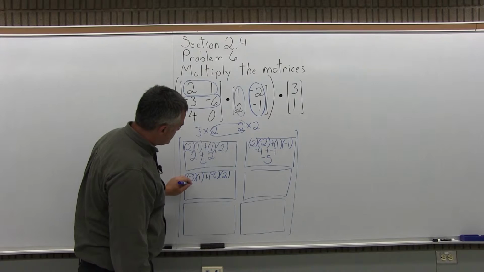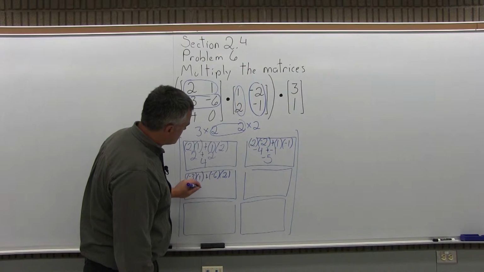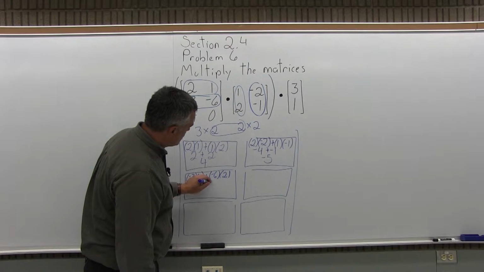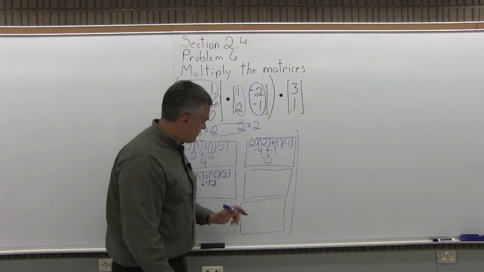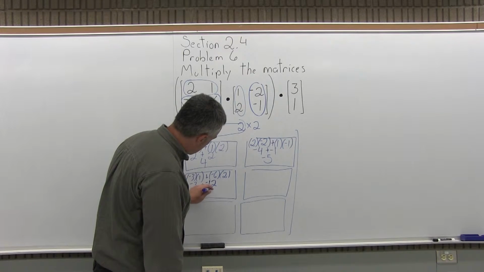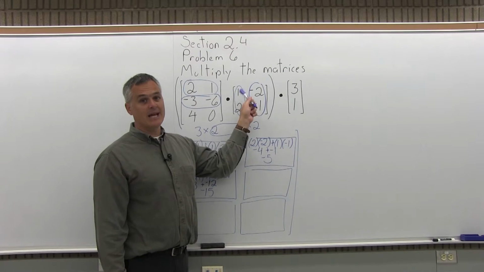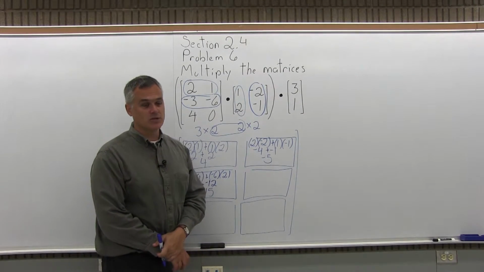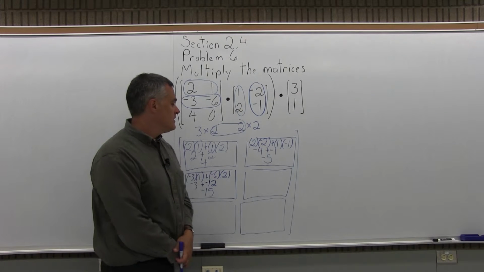So first times first, -3 times 1 is -3. And then second times second, -6 times 2 is -12. And when you add those, -3 plus -12, you get -15. And again, I multiplied the middle row of the first matrix times the first column of the second matrix, and the solution I got went in the middle row and first column of the solution.